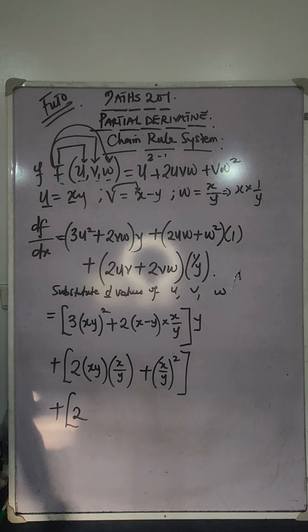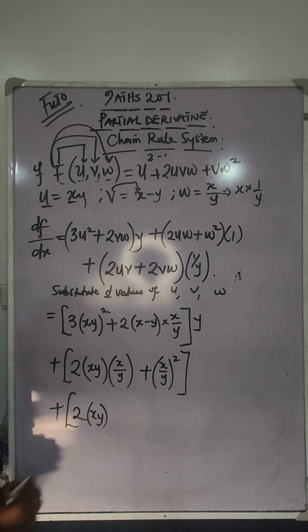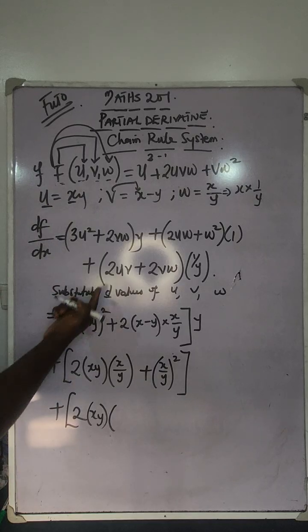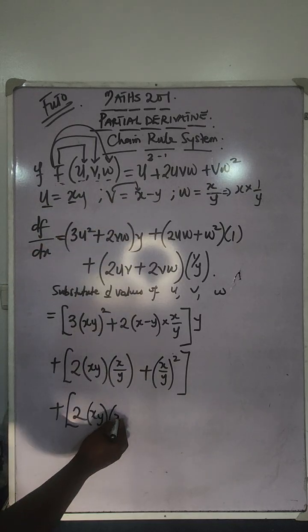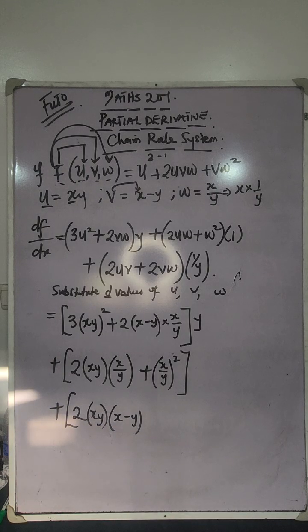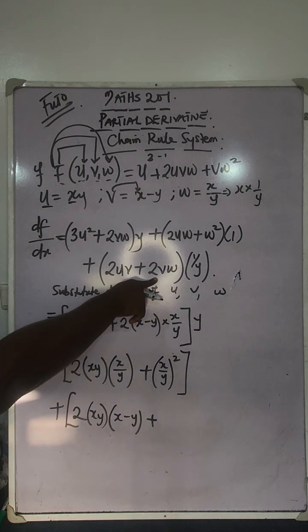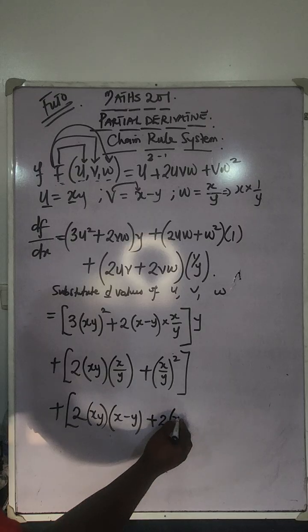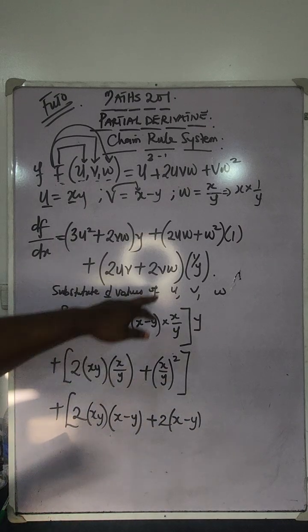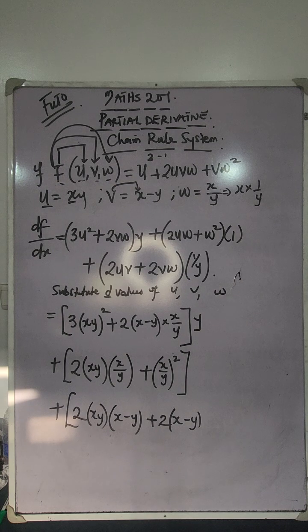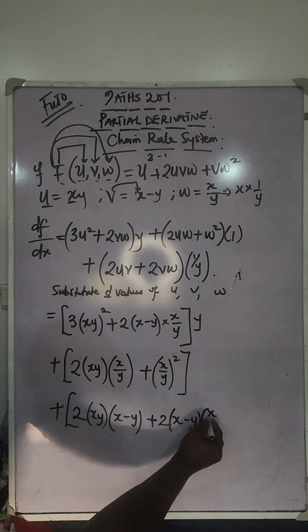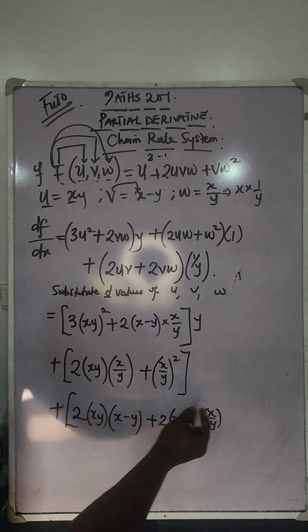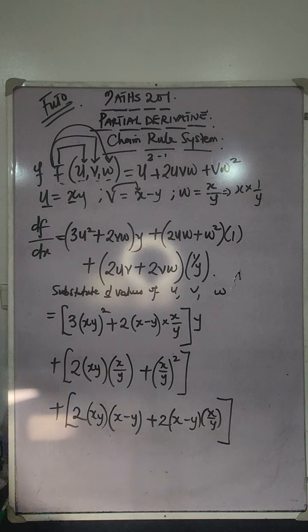So what is v? u is xy, v is x minus y. And we have plus 2vw, v is x minus y, and w is x over y, into the bracket of 1 over y.